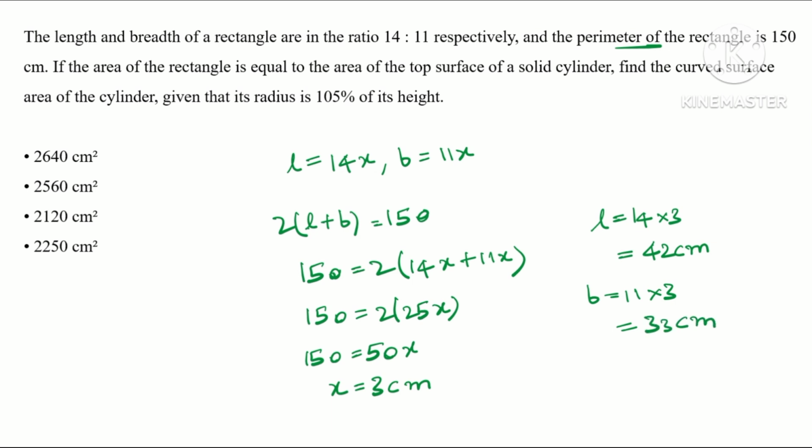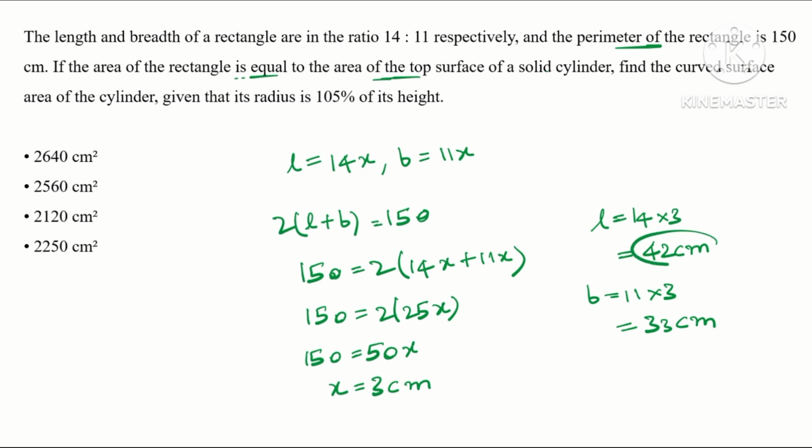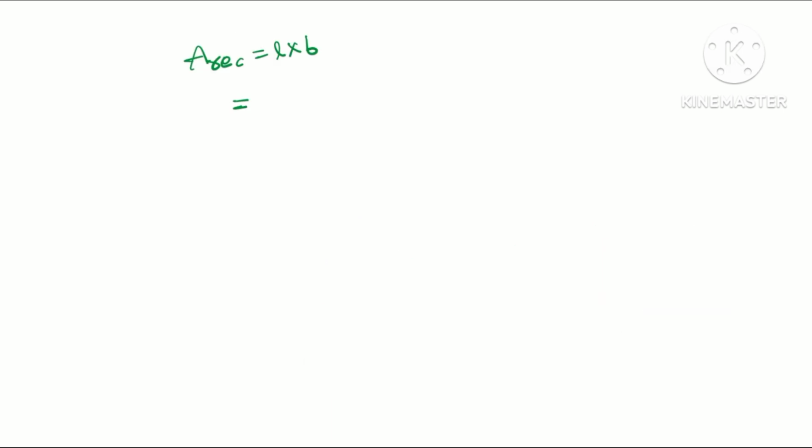Here the given area of the rectangle is equal to the area of the top surface of a solid cylinder. We know area of rectangle is length into breadth. We know length and breadth, 42 and 33. 42 into 33, so area of rectangle is 1386 centimeters square.